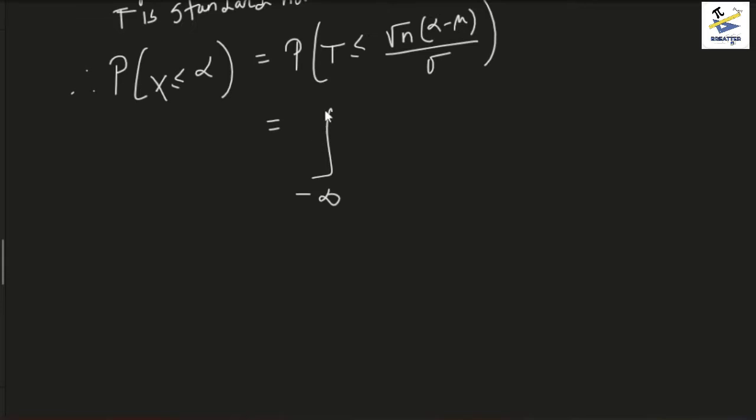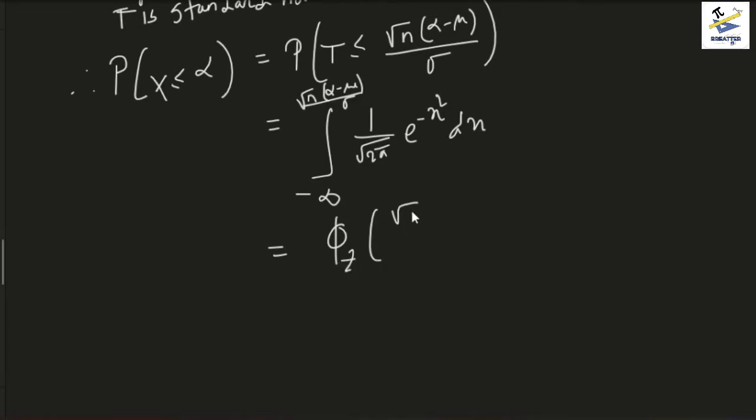the integral from minus infinity to root n of (alpha minus mu) by sigma of 1 by root over 2 pi e to the power minus x square dx, or it can also be written as phi of root n into (alpha minus mu) by sigma, where phi represents the standard normal CDF.